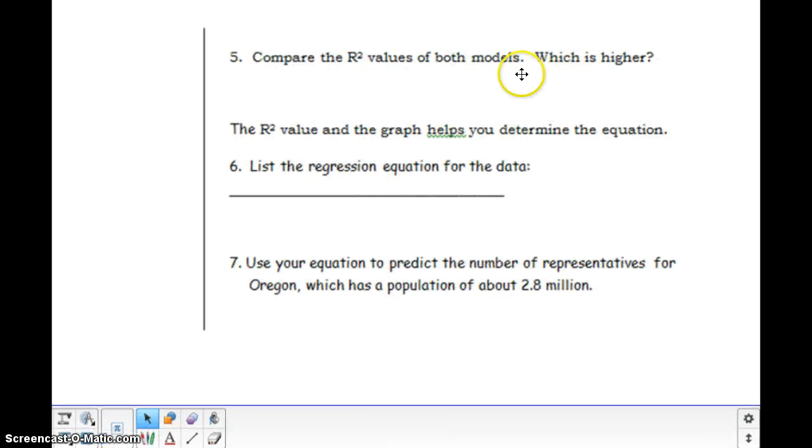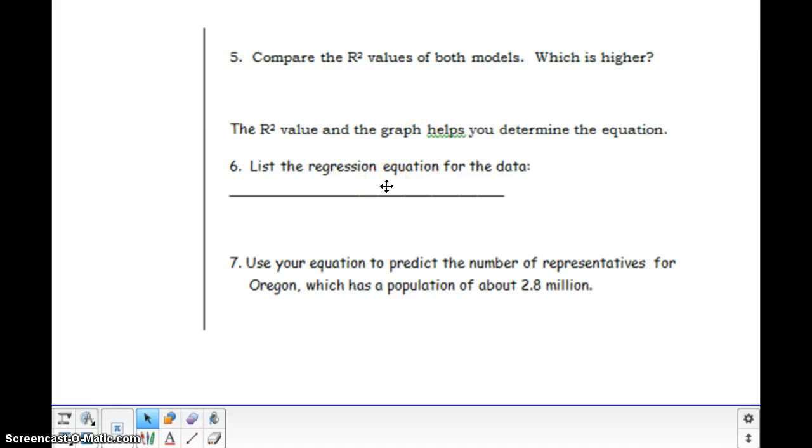All right, question number 5 asks us to compare the r-squares and which one is higher. In this case, they're the same, so it's more important that we look at the graph. A lot of times the r-squared will be very different, so you'll go with the one higher, the one closest to 1. But in this case, they're the same, so the graph is what's going to help us determine it, and it clearly looks like a line.